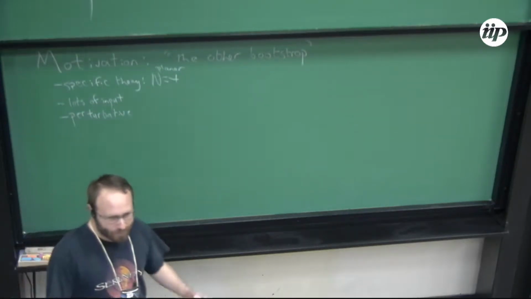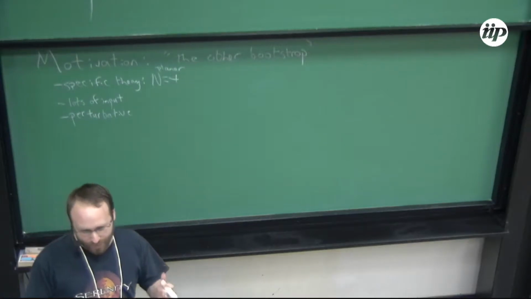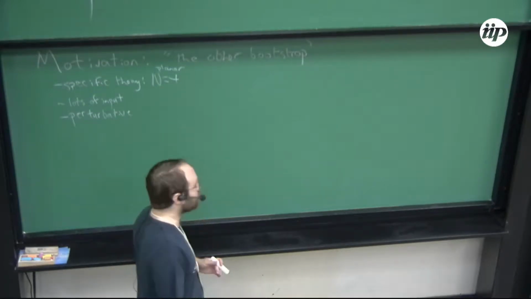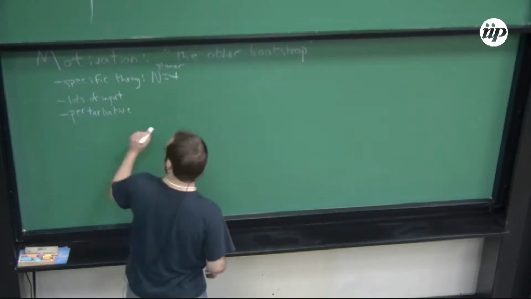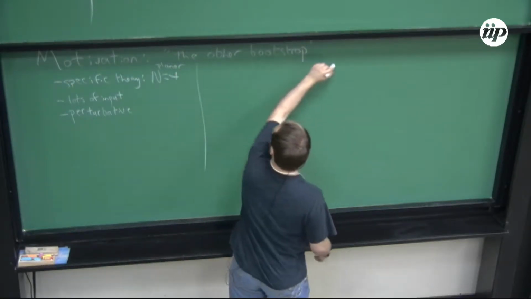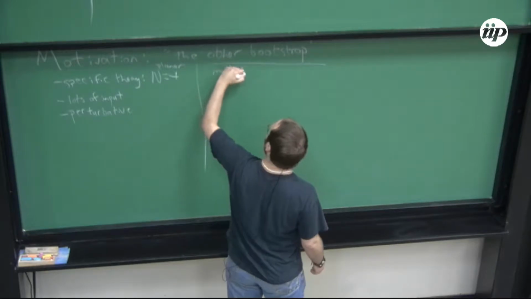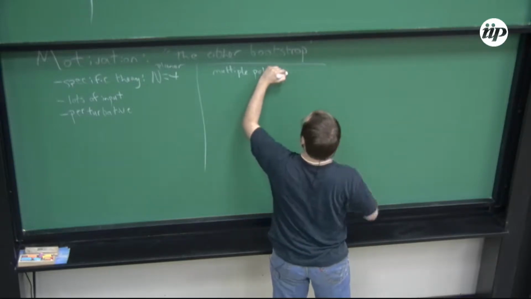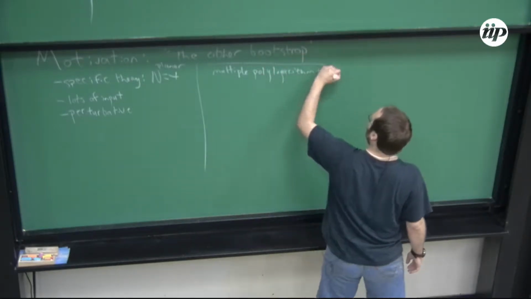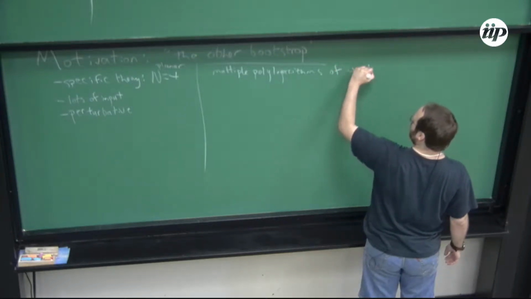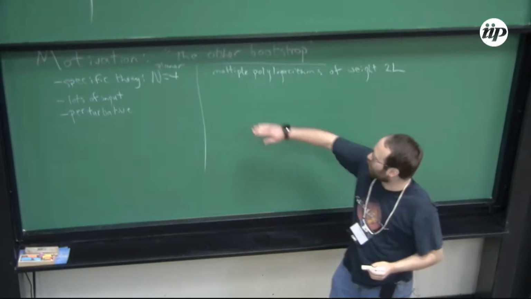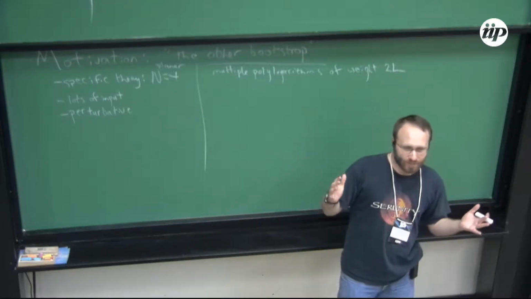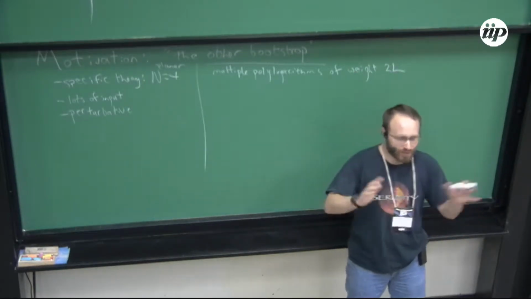So in particular, for specific helicity configurations, at least for MHV and for NMHV amplitudes, everything in N equal 4 that contributes to them is expected to be multiple polylogarithms of weight 2 times the loop order, where these things, multiple polylogarithms, you may have also heard them referred to as Goncharov polylogarithms, or hyperlogarithms.